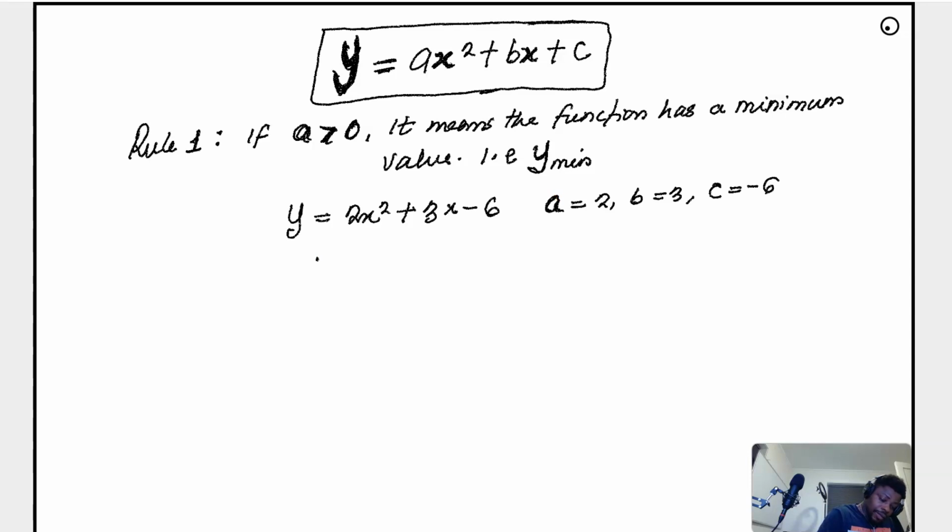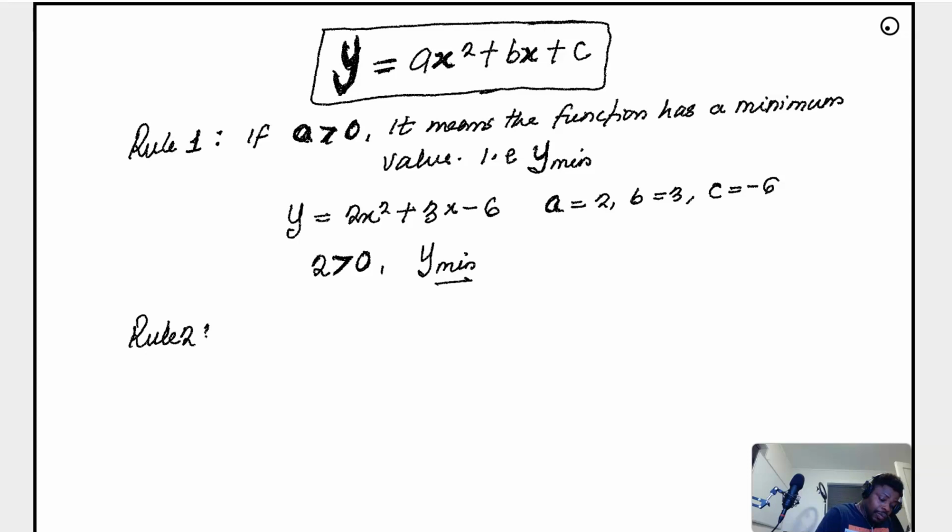So that means 2 is greater than, because we are saying a is greater than 0. So our a is 2 and is greater than 0. So therefore, we can have a minimum value of y. That is the only value we can have for y, minimum. There is no maximum value here because a is greater than 0. Okay.